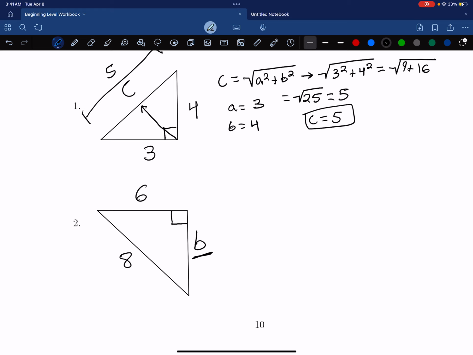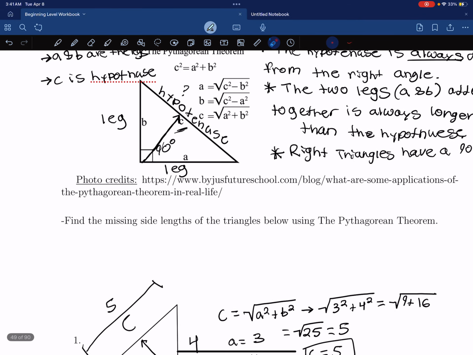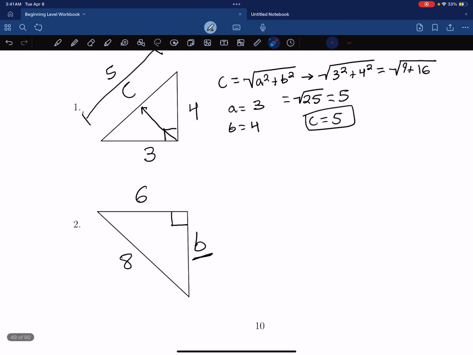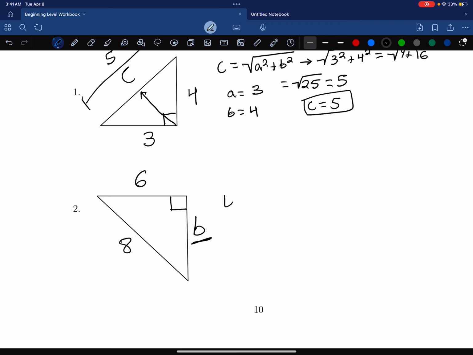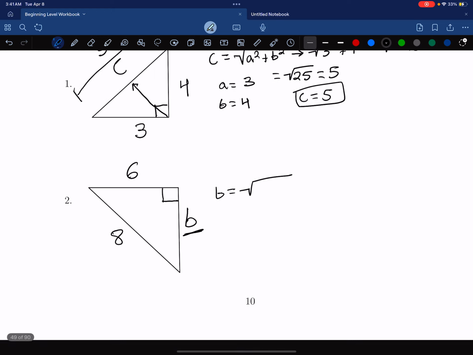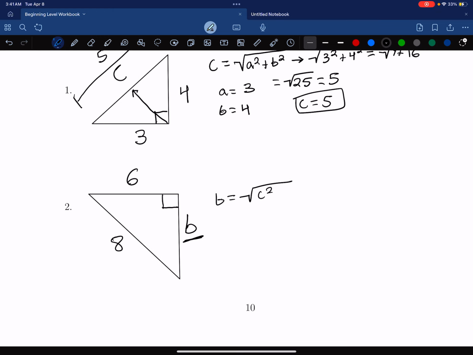So we want to know B, so we have to solve for B. If we look above, we have a formula for B. So B equals, now looking at the formula, C squared minus A squared. So before we plug in numbers, we have to identify what C and A are. So I'm just going to write a blank square root for now.